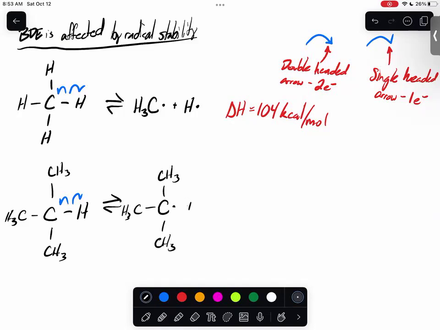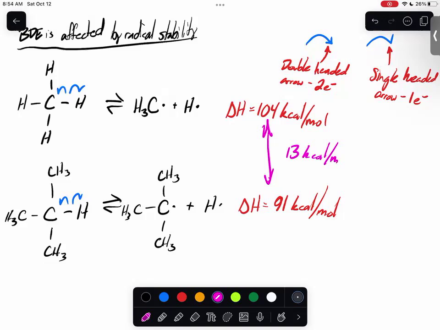Even though we're still forming a carbon and a hydrogen radical, delta H here is 91 kilocalories per mole, right? And so the difference between these two is a 13 kilocalorie per mole difference, which is pretty large, all things considered.